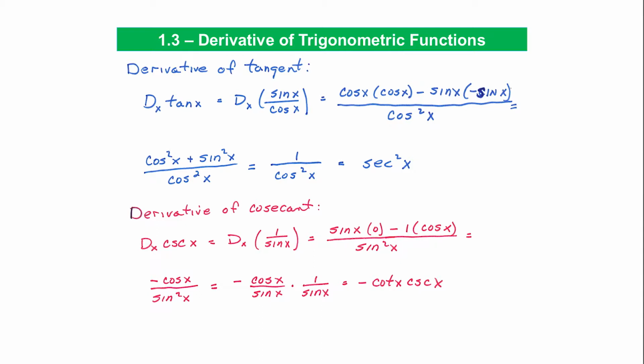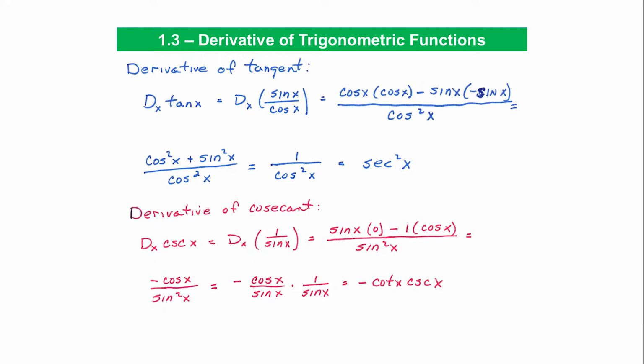Given that tan x is sin x divided by cos x, the derivative equals cos x multiplied by cos x minus sin x multiplied by minus sin x, all divided by cos square x, equal to cos square x plus sin square x divided by cos square x, equal to 1 over cos square x. Then we arrive at sec square x, which is the reciprocal of cos square x.